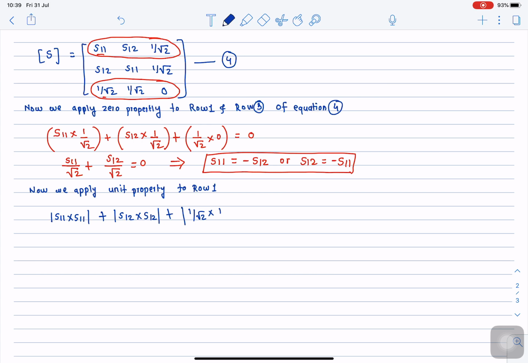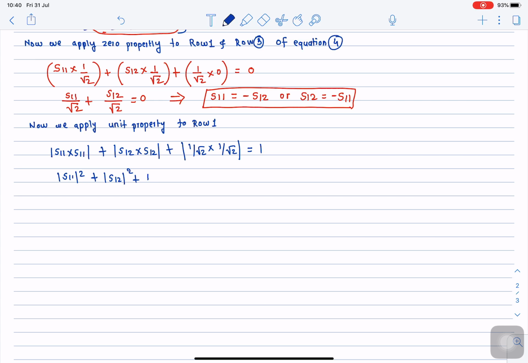This equation gives mod S11 squared plus mod S12 squared, and here I get 1 upon 2, is equal to 1. If you simplify this equation, we get S11 squared plus S12 squared is equal to 1 by 2.